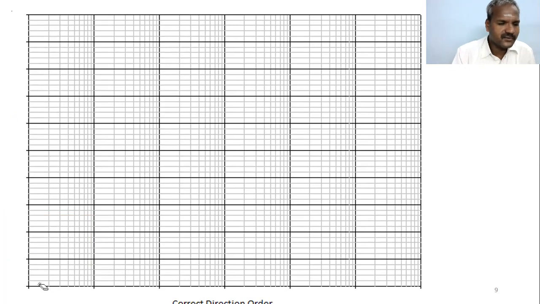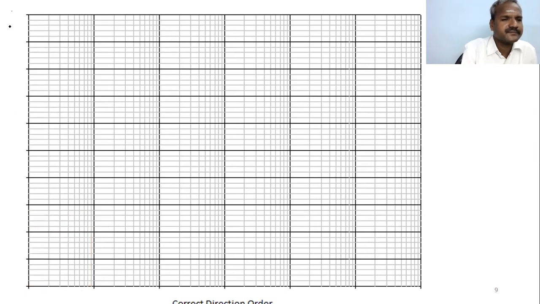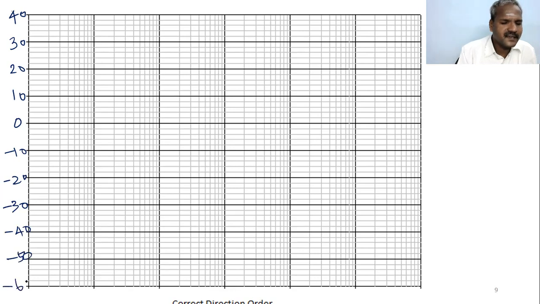What is the value? We can start from here. So 40, then 30, 20, 10 dB, 0 dB, minus 10, minus 20, minus 30, minus 40, minus 50, minus 60. Am I right?